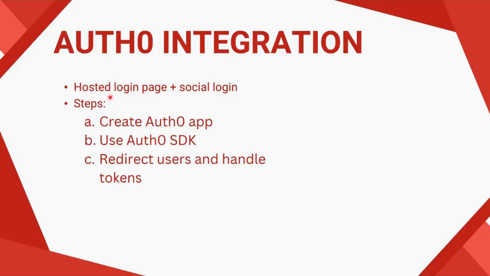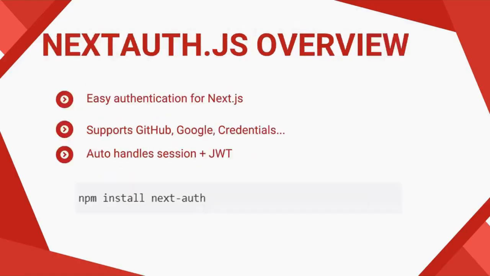Here three steps are there. First, create an Auth0 app: register your app in the Auth0 dashboard. Second, use the Auth0 SDK: install and use the official SDK to integrate login and logout. Third, redirect the user and handle tokens: Auth0 redirects the user back to your app with a secret token. Next, NextAuth.